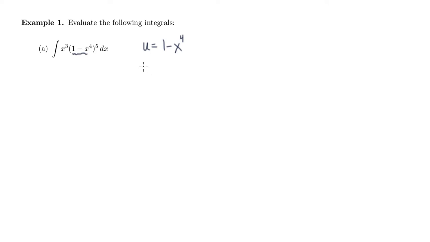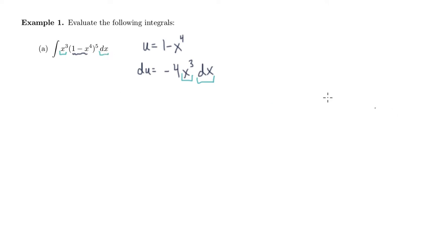And the other thing that I notice is that when I take the derivative, or in other words, I find this differential, du, I'm going to get minus 4x cubed dx. Now, on first glance, that does not seem to be exactly what we want. What I notice is that I have an x cubed dx, and here I have an x cubed and a dx.